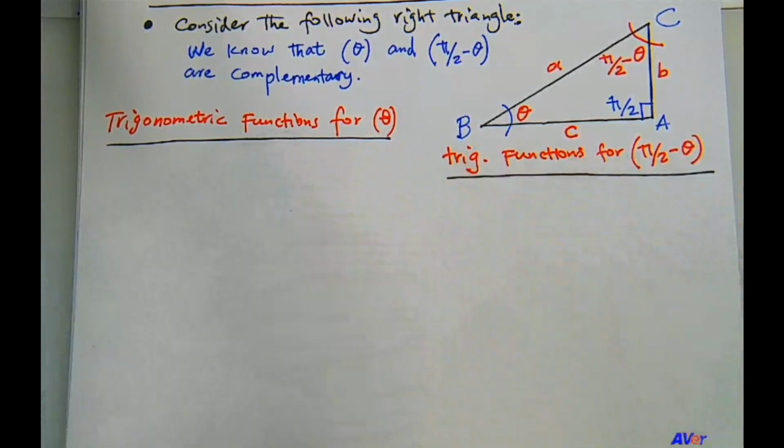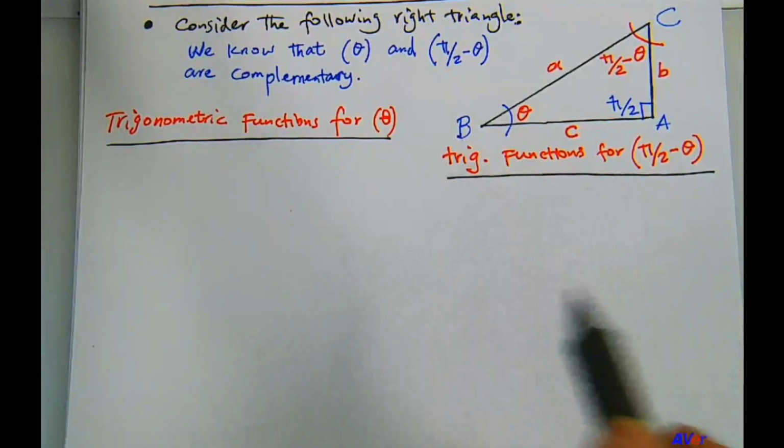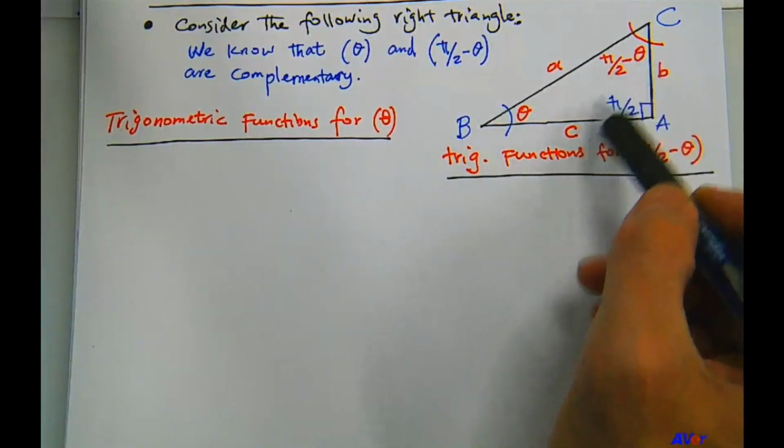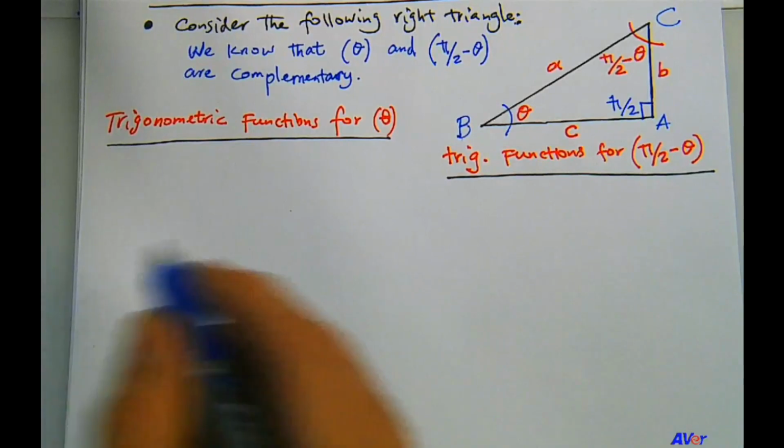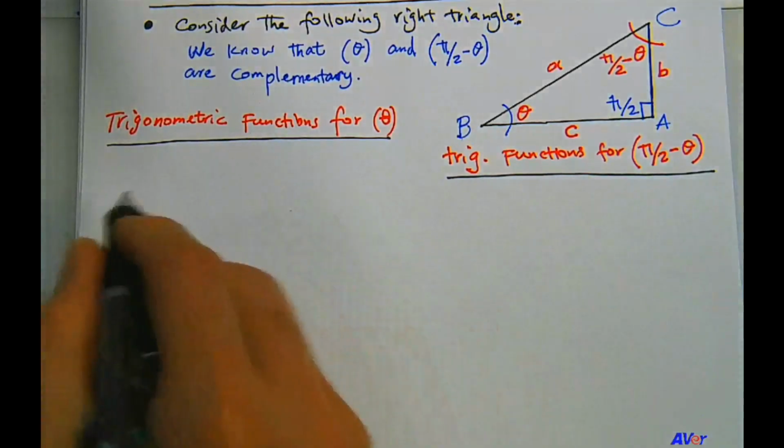I'm going to list the easier first, and then we're going to switch over to this one using this right triangle. So let's begin with the sine of theta first.